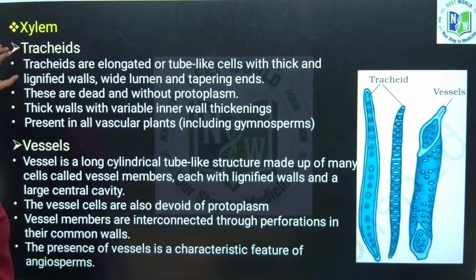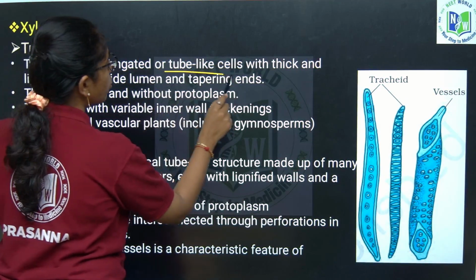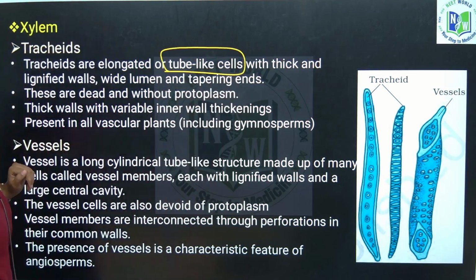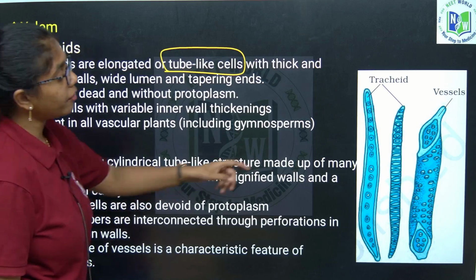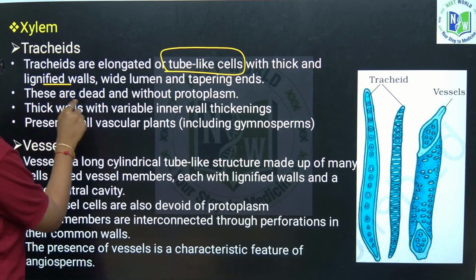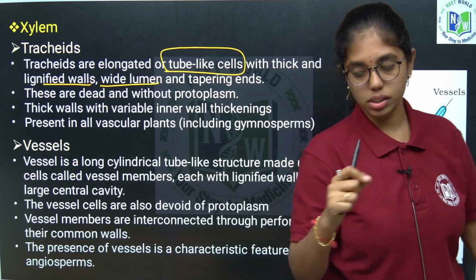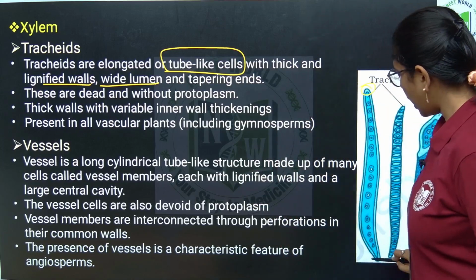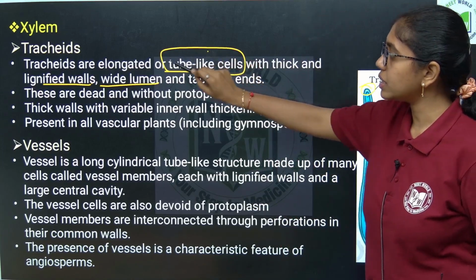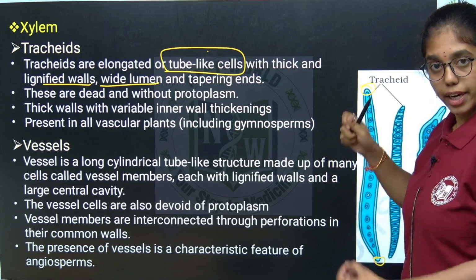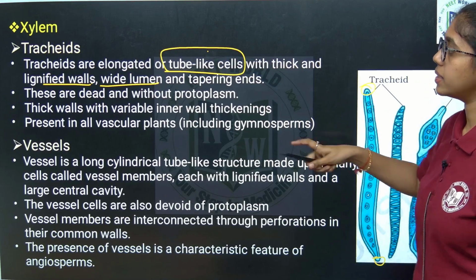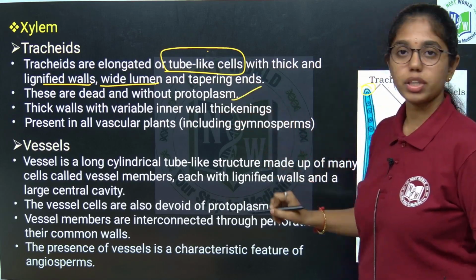Tracheids are elongated tube-like cells. They have lignified cell walls, wide lumen and tapering ends. These are dead and without protoplasm.